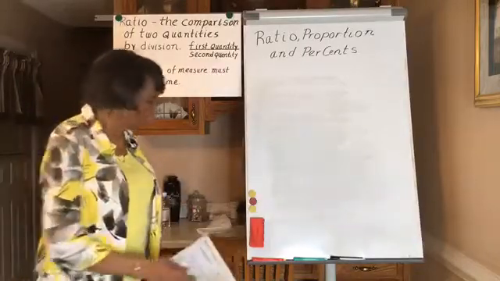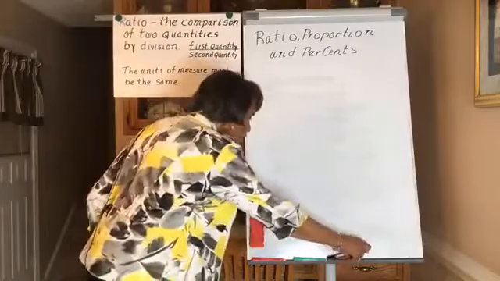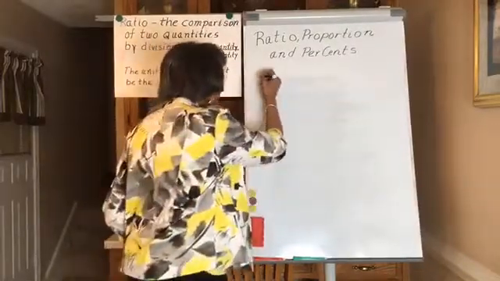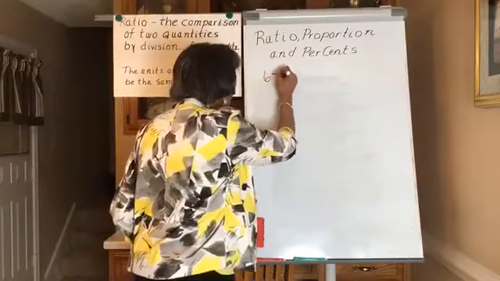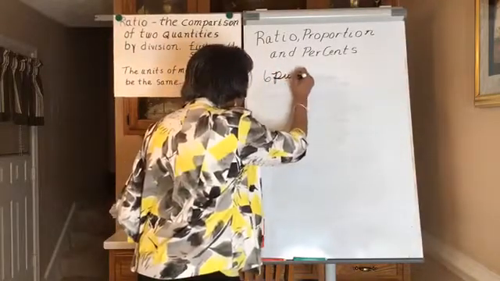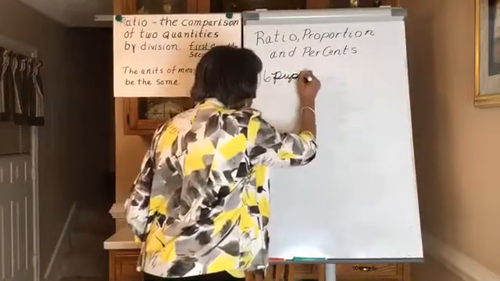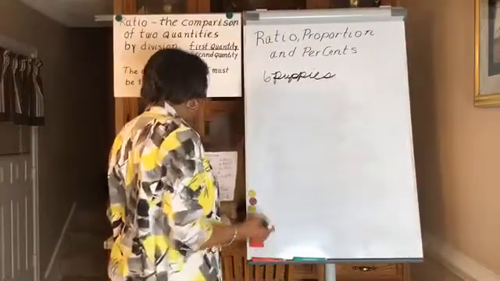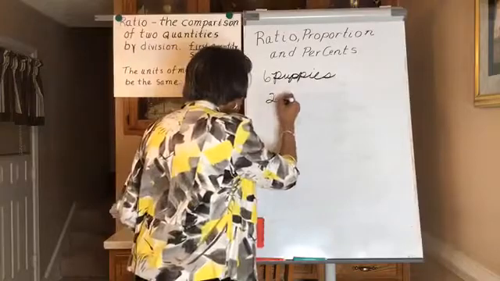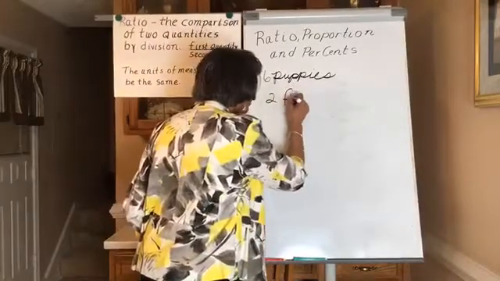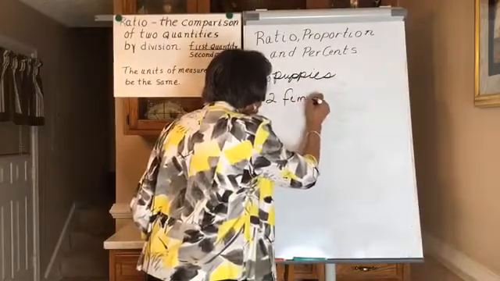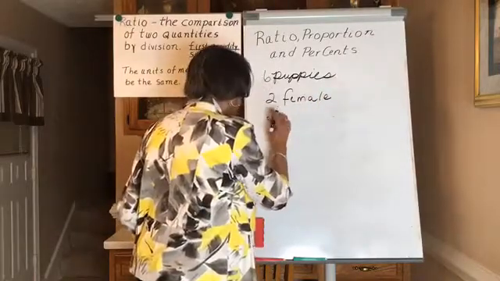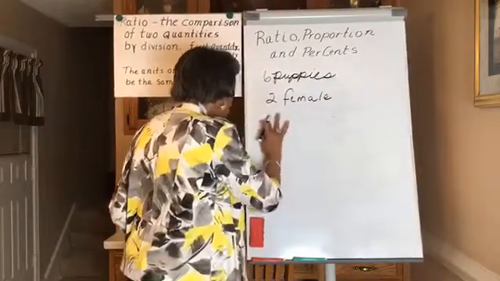All right, let's suppose we had 6 puppies. And you write as I write. We have 6 puppies. We have 2 girls, 2 female puppies. And 4 male puppies.